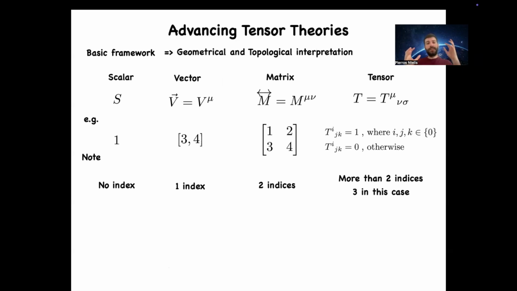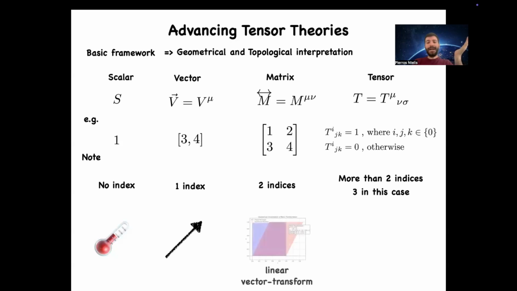You see here the standard interpretations are the following. A scalar can only describe a solution to a temperature problem. A vector can describe the solution of a directional problem. A matrix can describe the answer to a linear vector transformation, while a tensor, a nonlinear vector transformation.